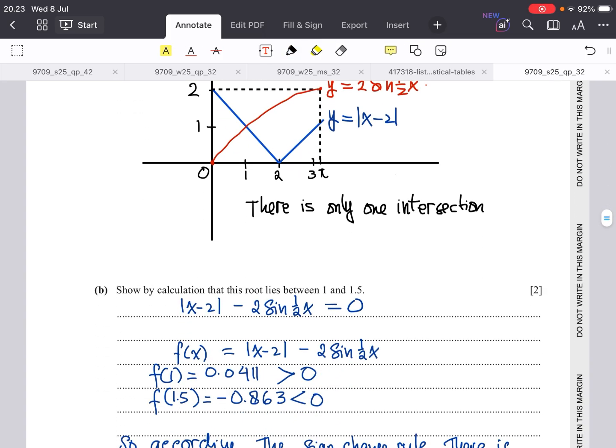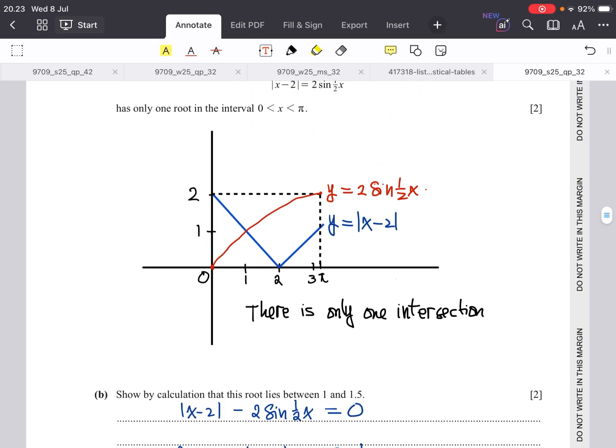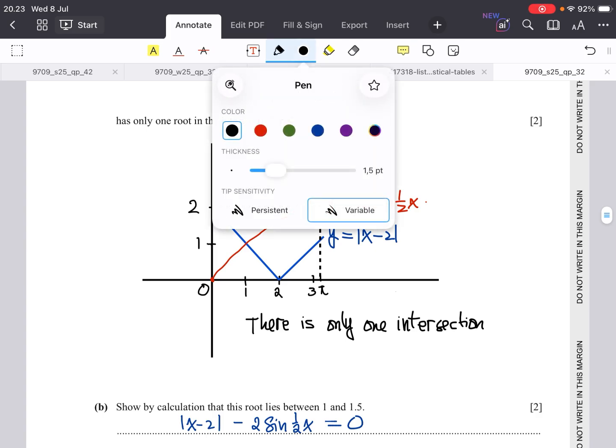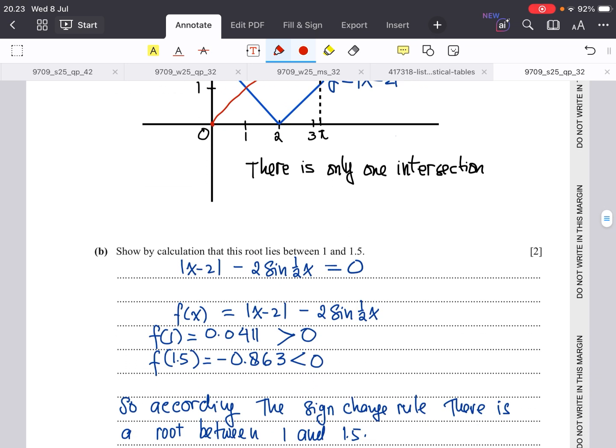And then for part B, show by calculation that this root lies between 1 and 1.5. So we move the expression on the right to the left, so we get the equation absolute x minus 2 minus 2 sine half x is equal to 0.